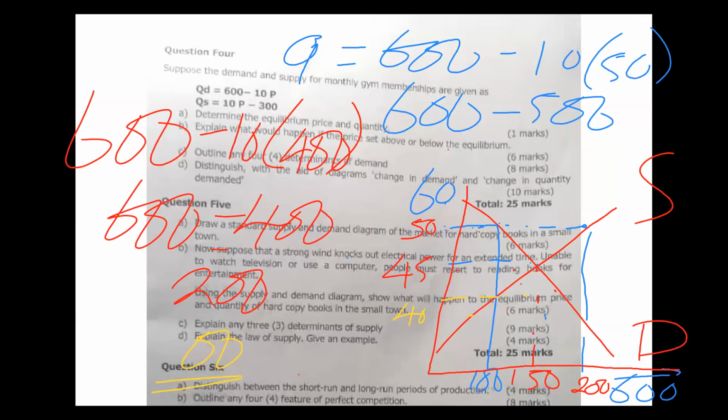So which simply means that at this point, when the price is 40, there is a problem. People will demand more, so the demand will increase, right? Because it's cheaper, it's 40. You see the quantity demanded increasing from 150 to 200 at 40.